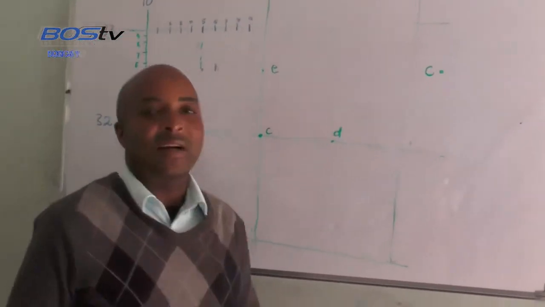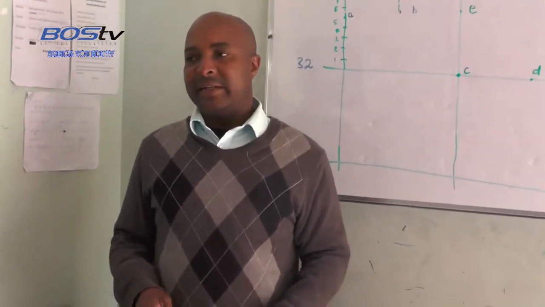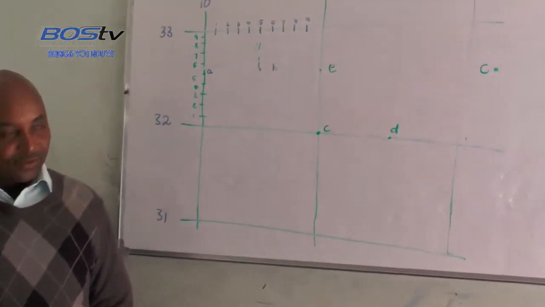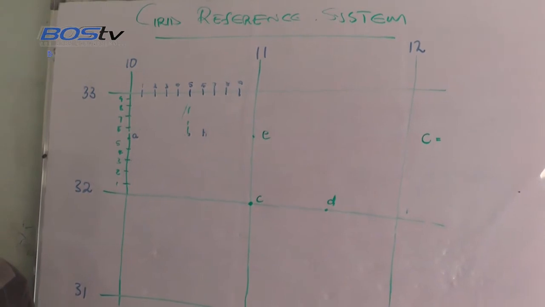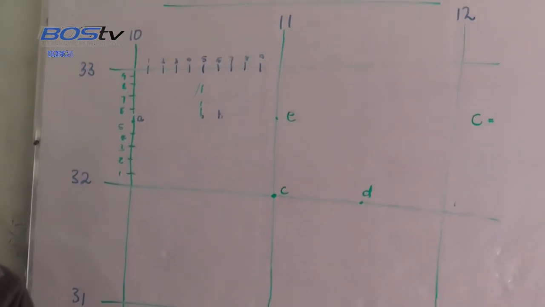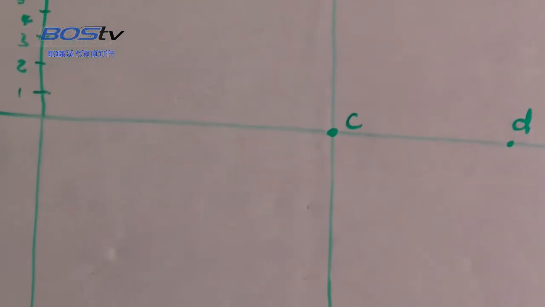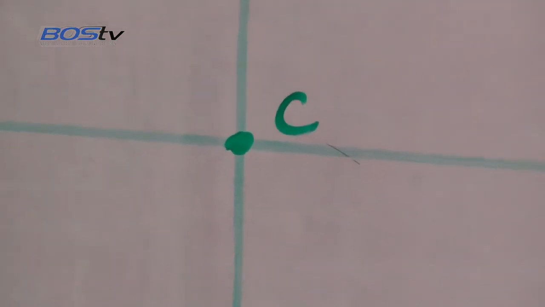May someone come and give us the 4-figure grid reference for C, and also how you get the 6 figures. I think on that one, you may not even need to do some plotting because of one or two reasons. You can tell us why.